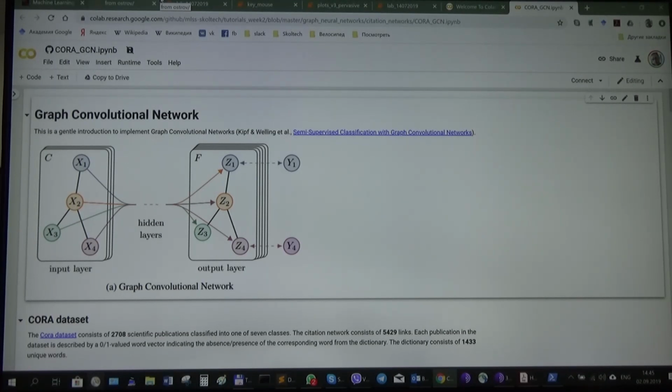Then you can use some nonlinearities and do so as much as you like, as many layers as you need.